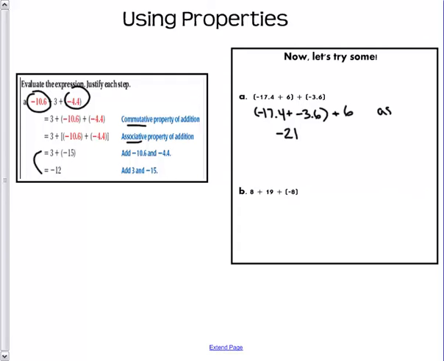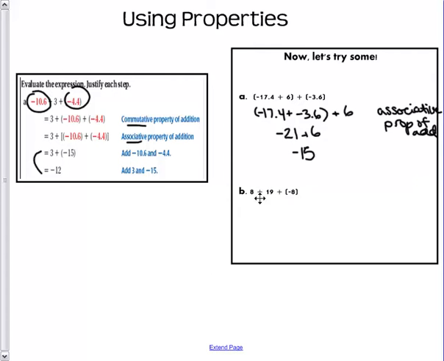So this would be the associative property of addition. Okay, then I'm going to add 6. So when I add 6, that's just the regular old addition property, right? I'm just taking a negative 21, adding 6 to it to get negative 15.